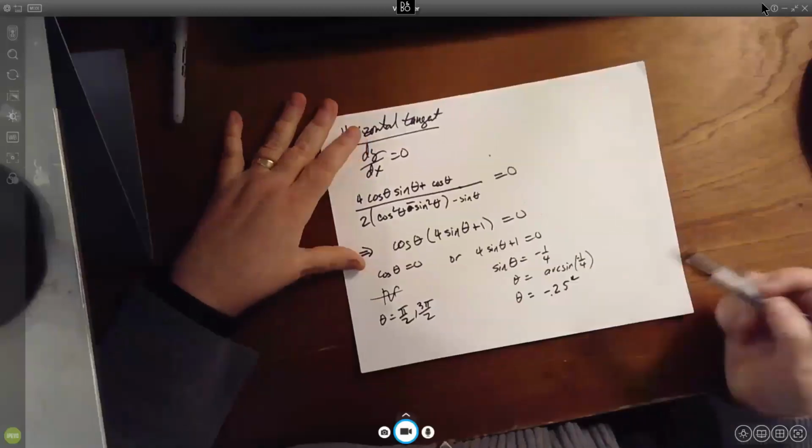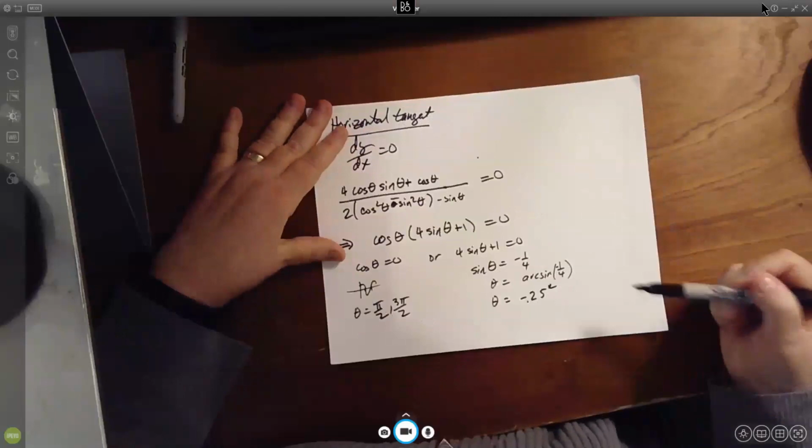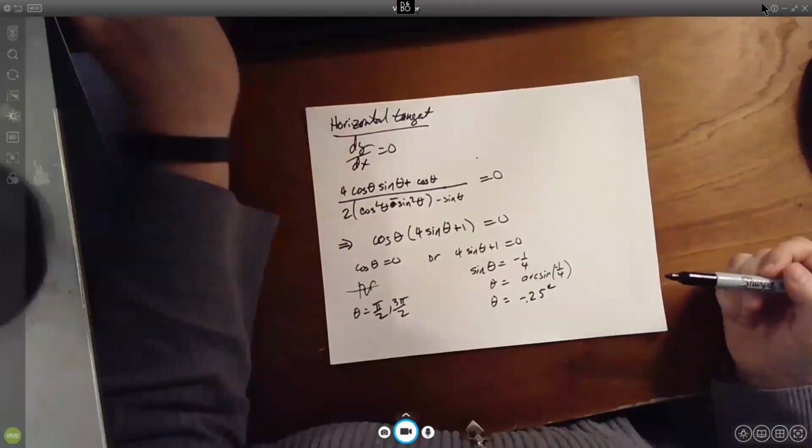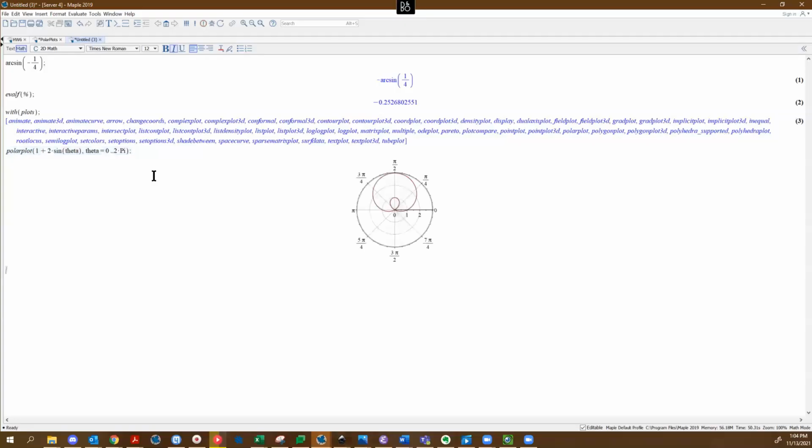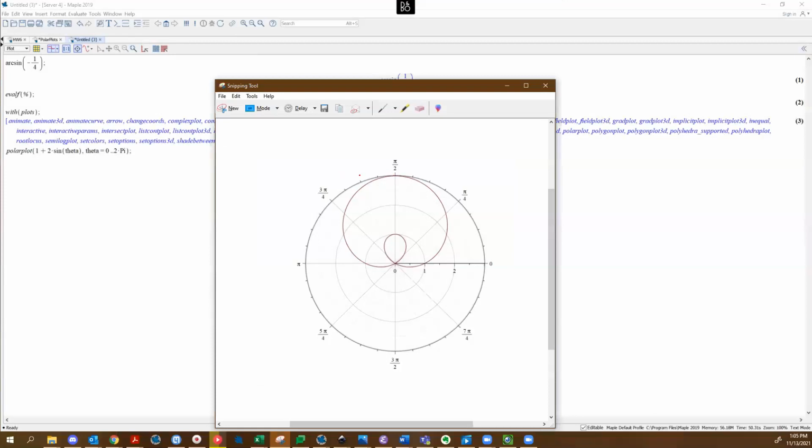Now, arcsine only gives us one answer. Is there only one answer? Sine. So where should we be getting horizontals? We got the one at pi over 2, and this was the one at 3 pi over 2. Oops, so assume that's a straight line. We have one at negative 0.25 radians, which is the same thing as going all the way around.